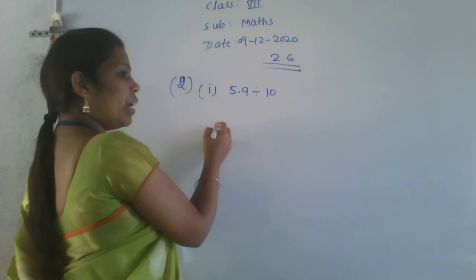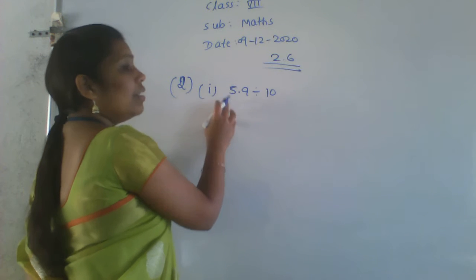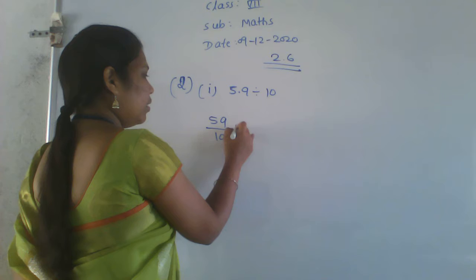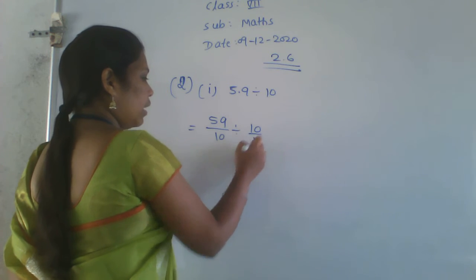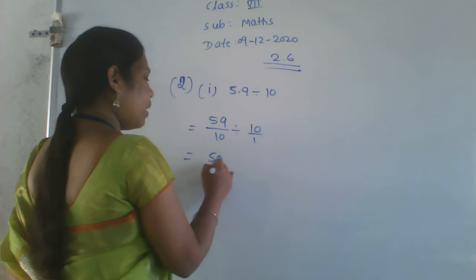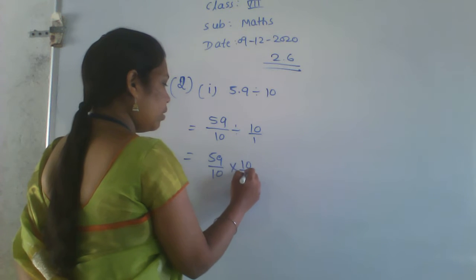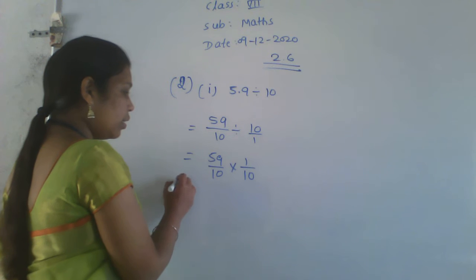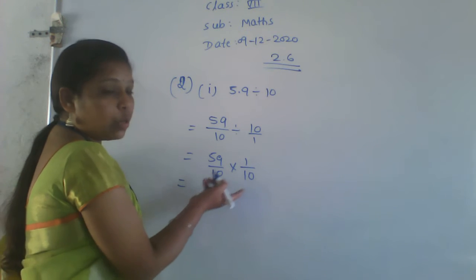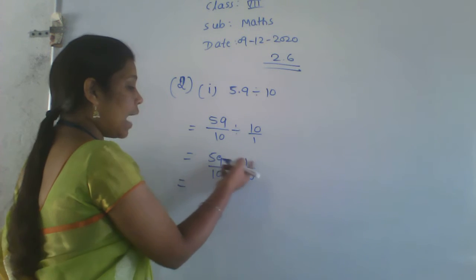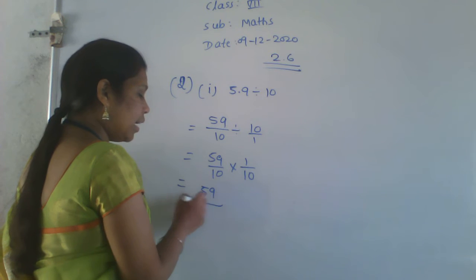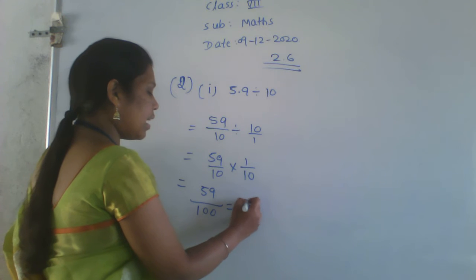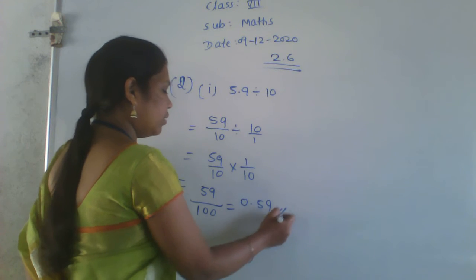First convert this, that is 59 by 10 divided by 10 by 1. So 59 by 10 into 1 by 10. Right? So no cancellation is there. So multiply numerator to numerator and denominator to denominator, that is 100. So we can write that the answer is 0.59.